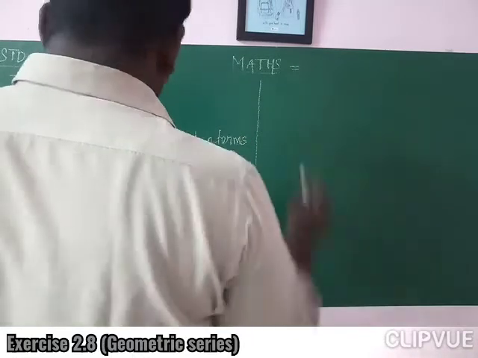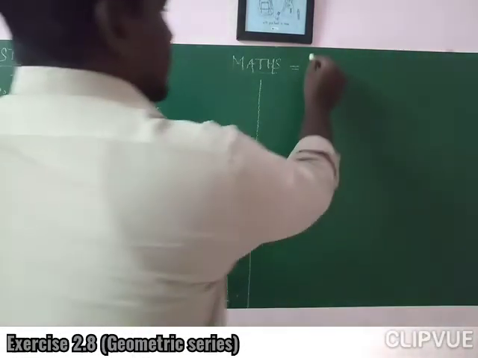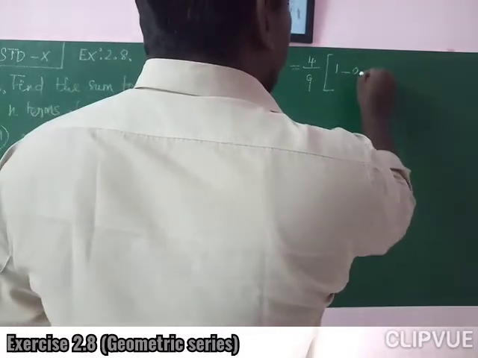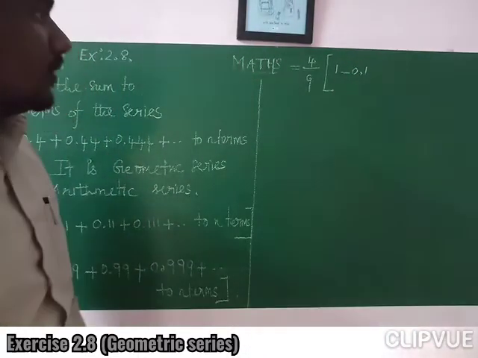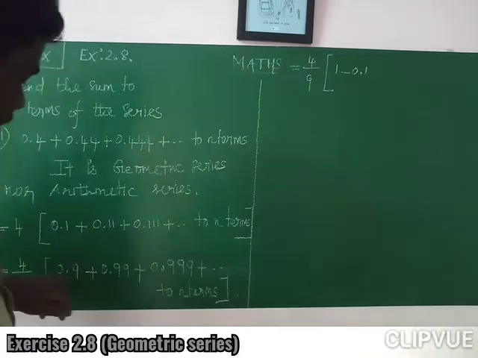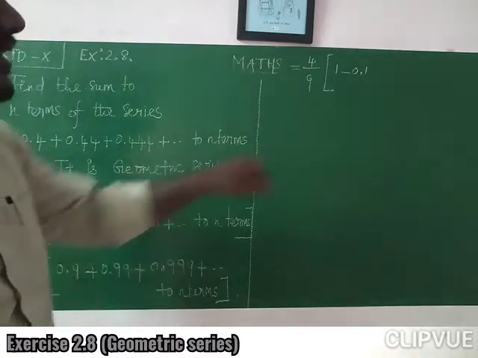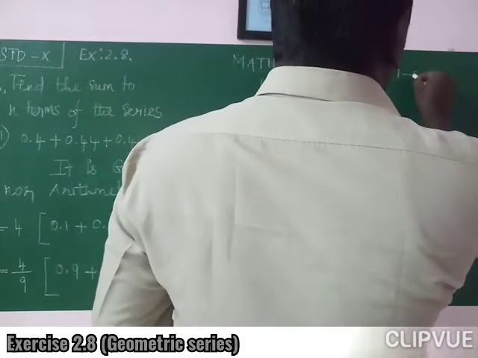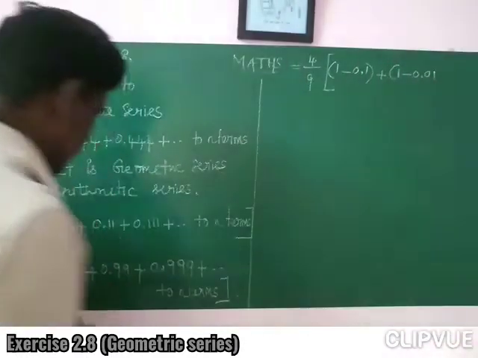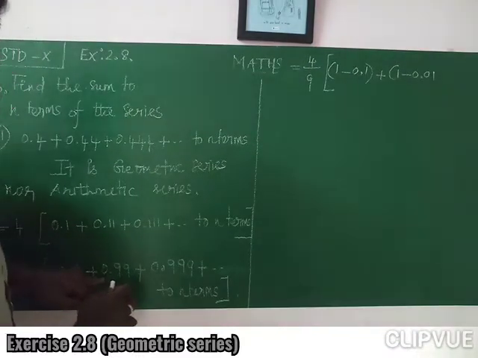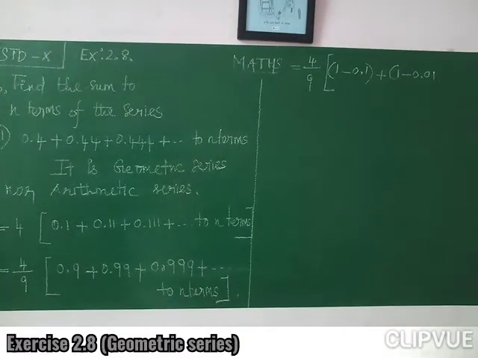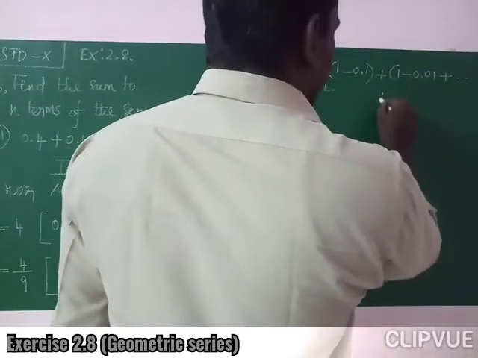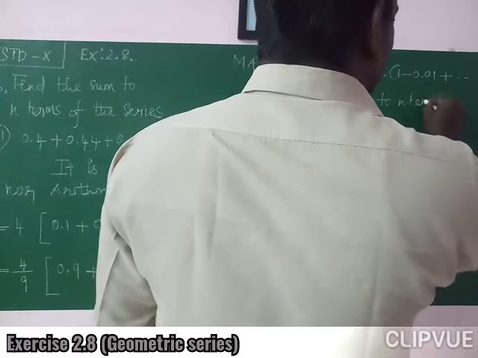Now, this 0.9 can be written as 1 minus 0.1, plus the second one, 0.99, can be written as 1 minus 0.01, plus and so on to n terms.